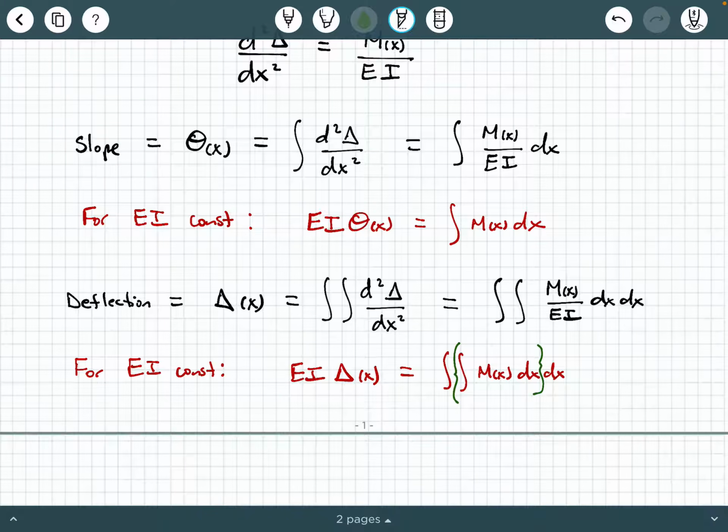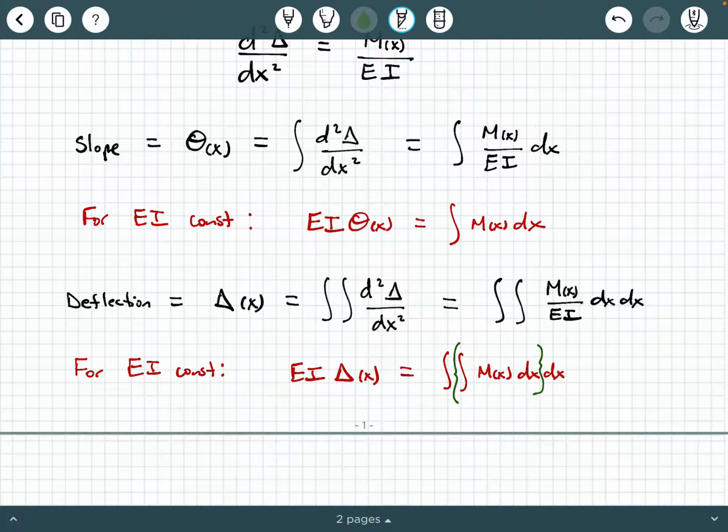So again, the slope angle computation is the single integral of M over EI, and so that's actually the interior integral of our deflection integration. Okay, so again, you're really just taking the integral of M as a function of x twice, and that's why, to be mathematically proper, we have dx dx.